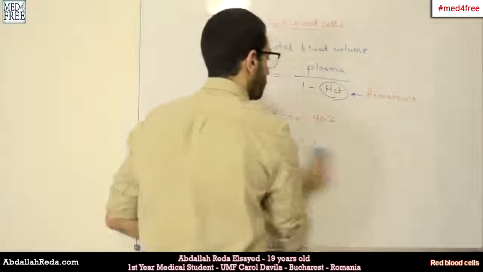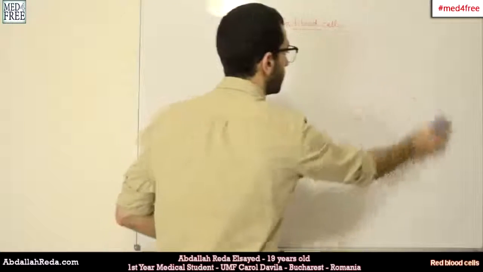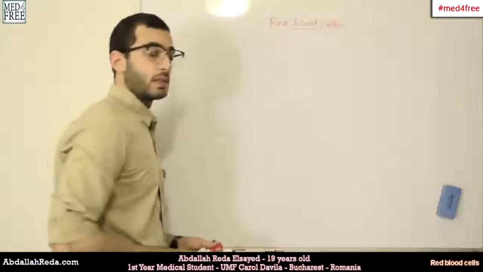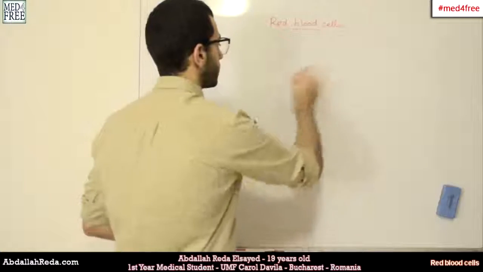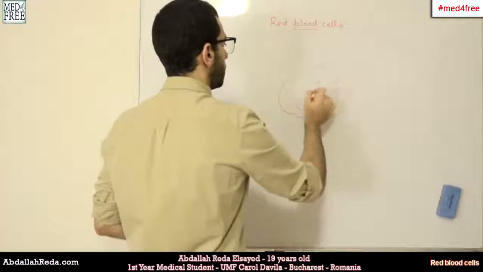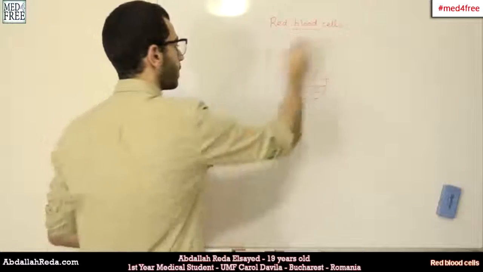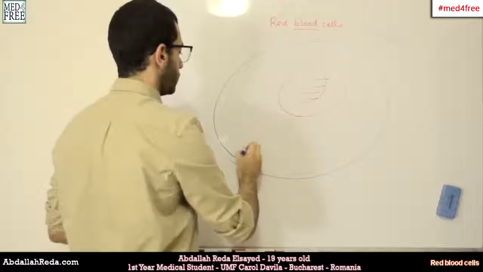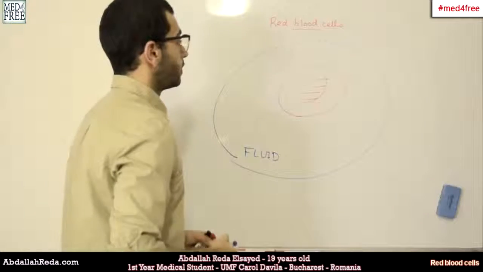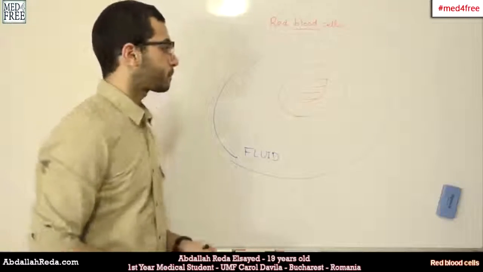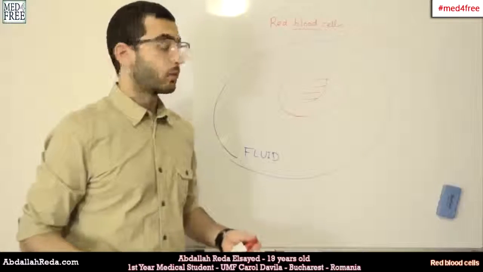And now we will talk about the changes of the volume of the red blood cell relative to the tonicity of the solution. So if this is a red blood cell and this is the fluid, if the fluid is isotonic, no changes in the volume of the red blood cell will occur, of course.